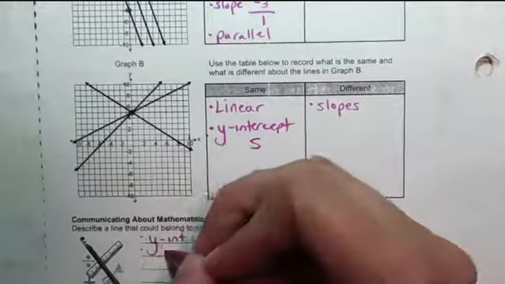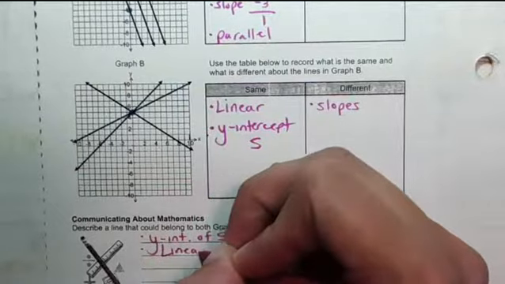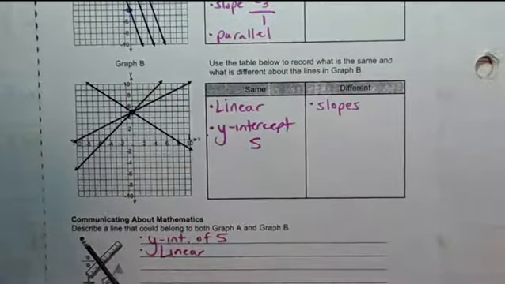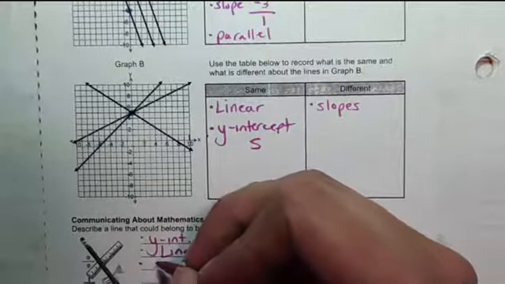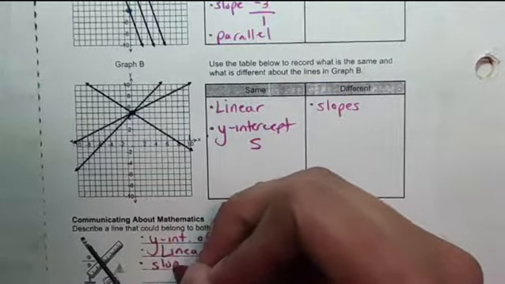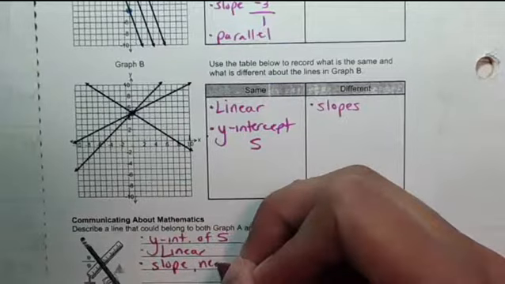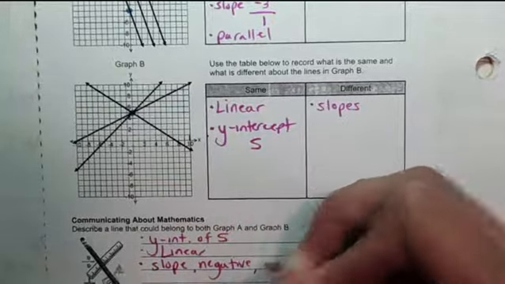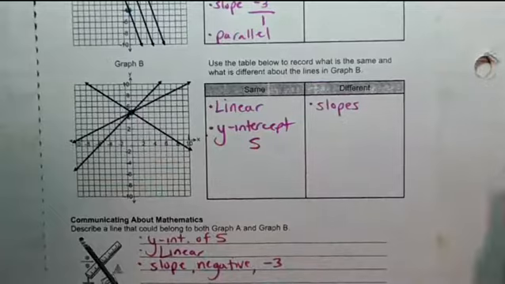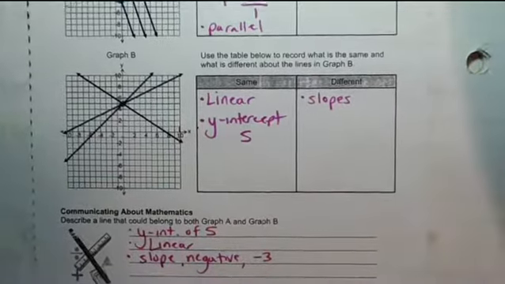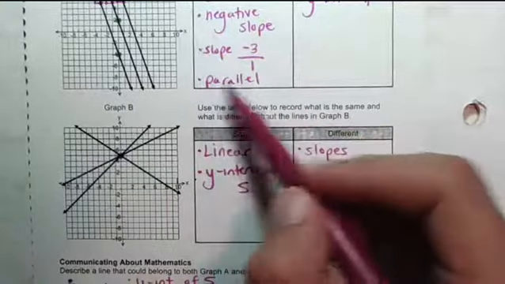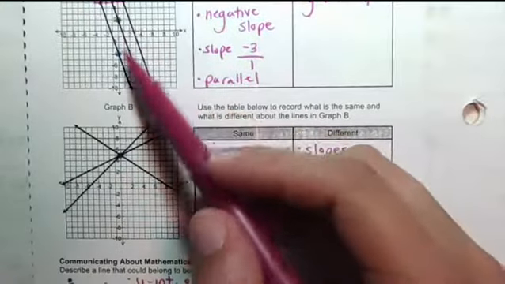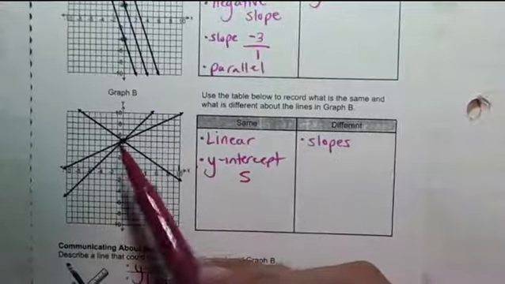It would have to be a linear graph, making a straight line. And it has to have a slope that's negative 3. The slope part matches the first graph, graph A, because every single slope is negative 3, and then the y-intercept matches graph B.